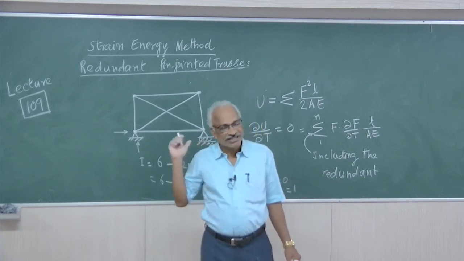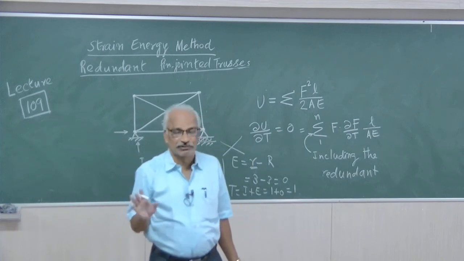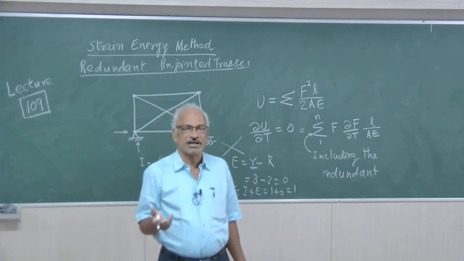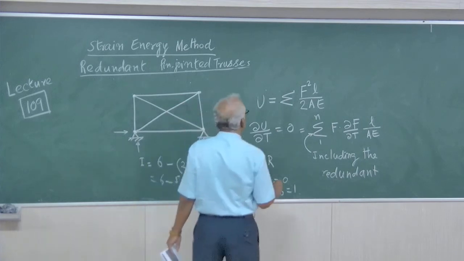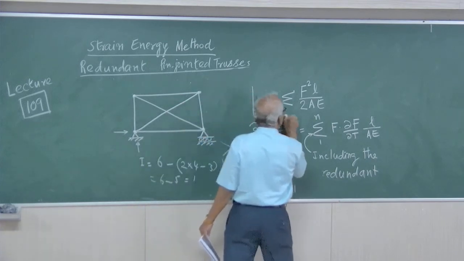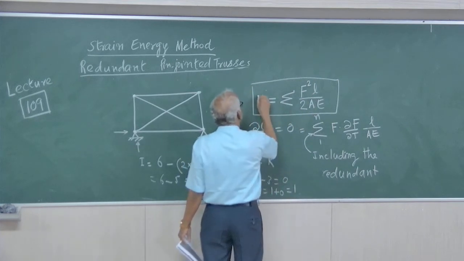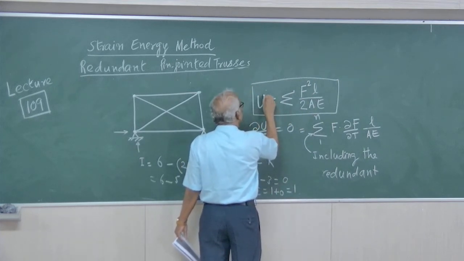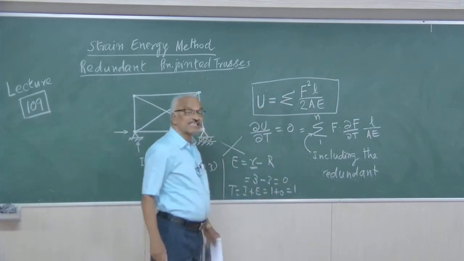Now coming to trusses, the members will be subjected to only axial forces, either axial tension or axial compression. The strain energy due to axial force, we know, is given by U equal to integral F square L by 2AE. AE is the axial rigidity.